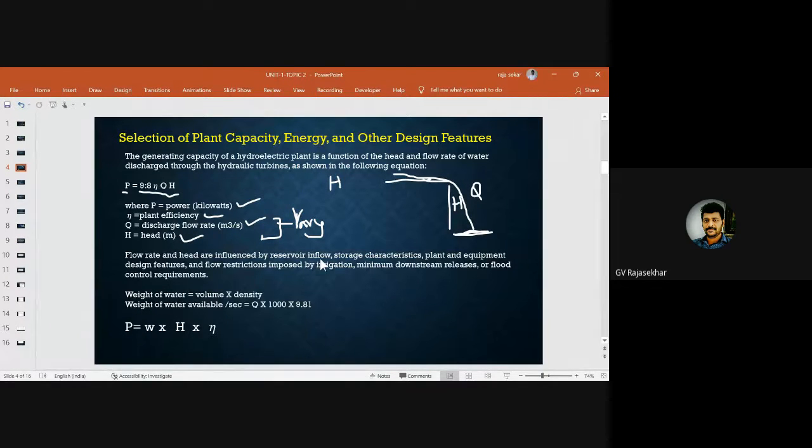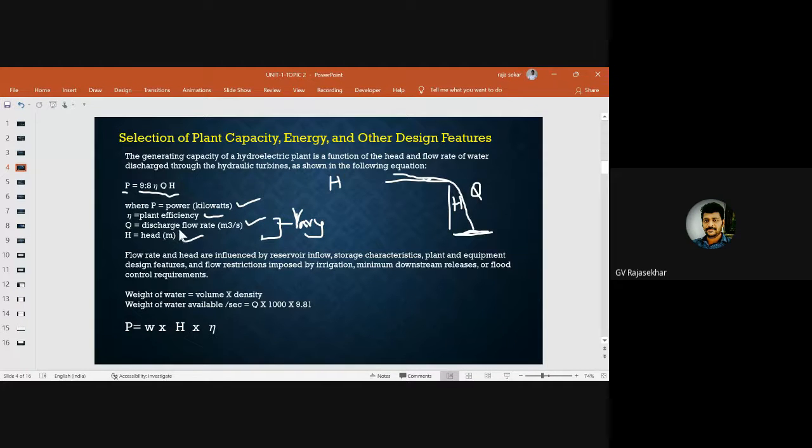Okay, reservoir inflow. Suppose in the summer season there won't be inflow to the reservoir. And suppose suddenly for water requirements you need to release the water, you should not store it in the dam, or when there are floods we have to compulsorily release the water. So when water is released or used for other purposes, H and Q will be changing.